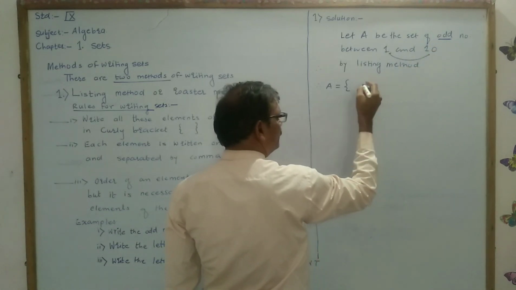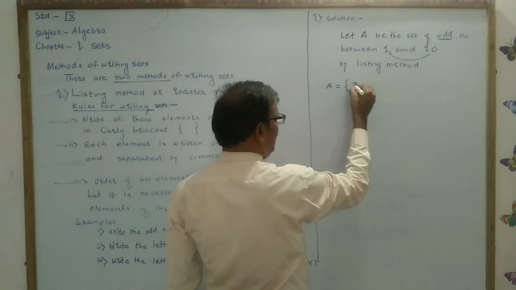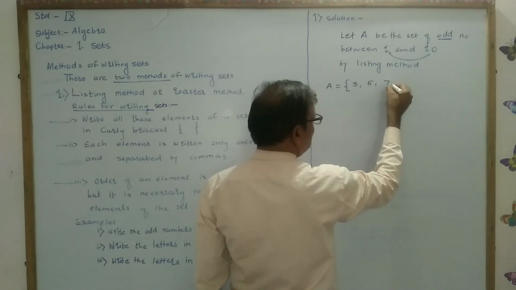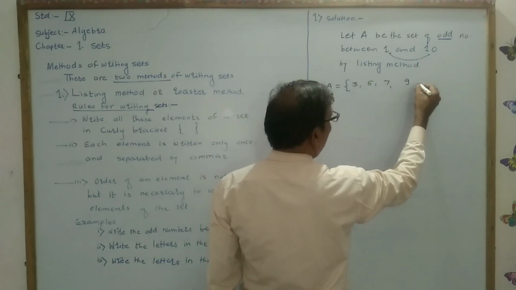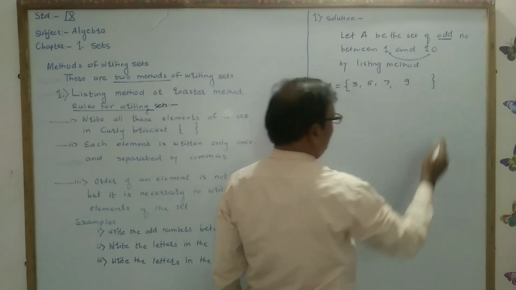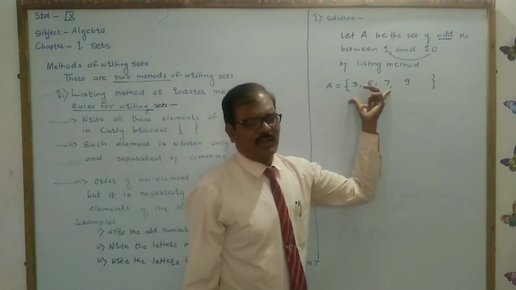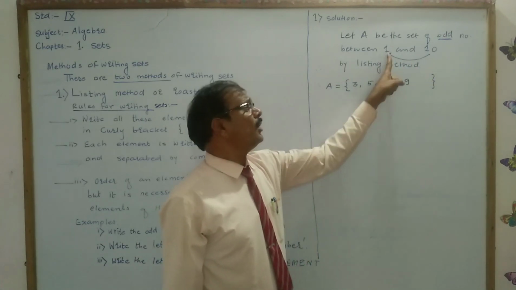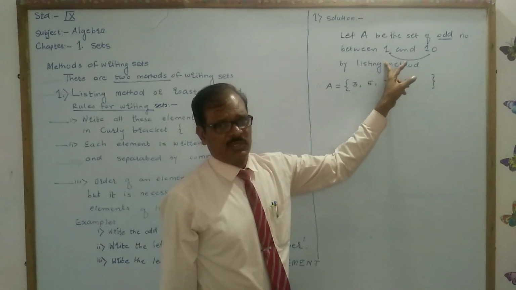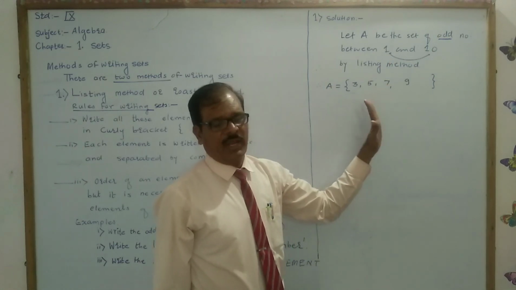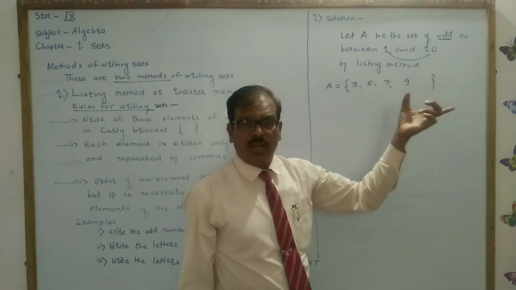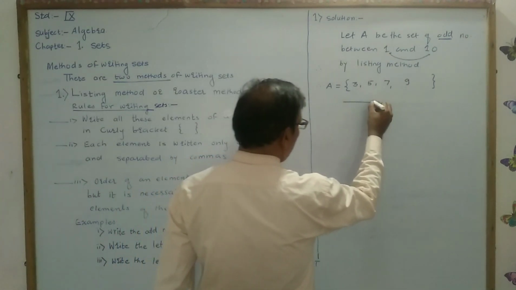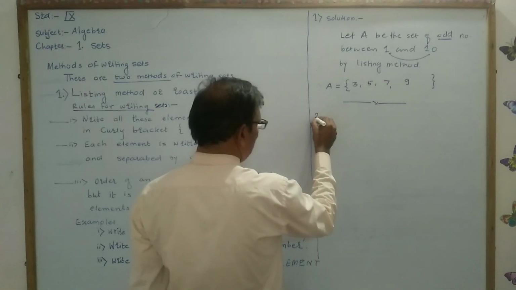After 1, the first odd number is 3, next 5, 7, 9. These are the odd numbers between 1 and 10. Don't take 1. 1 is an odd number, but we cannot consider it, because we want the numbers in the middle between 1 and 10. So this is your answer.